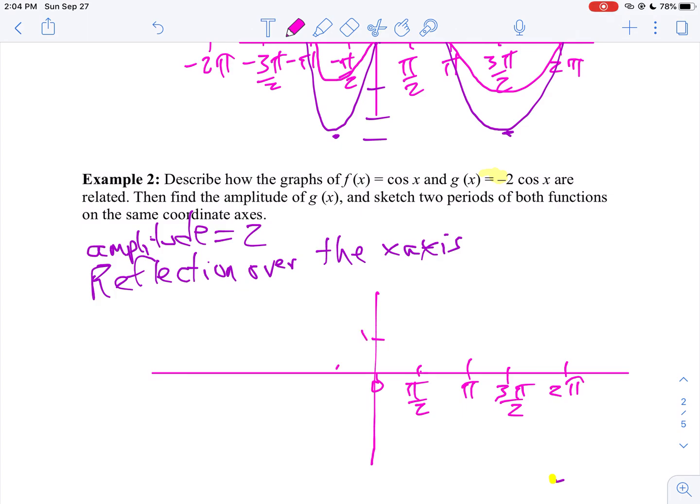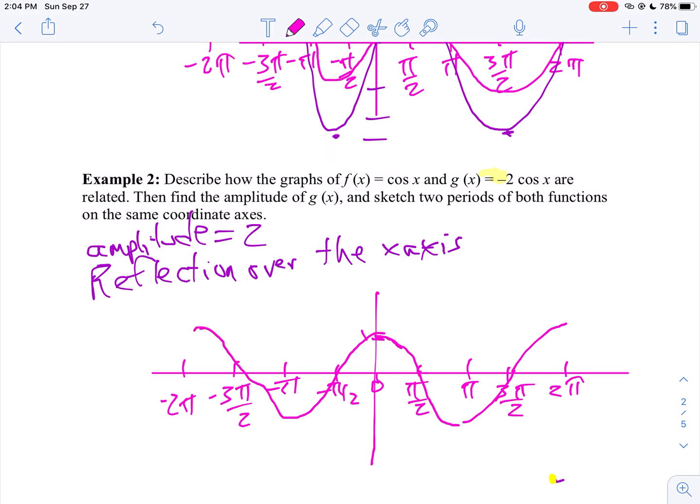And then negative pi over 2, negative pi, negative 3 pi over 2, and negative 2 pi. I know I'm going to start at 1 for cosine. So I'm going to go down through 0, down to negative 1, back up to 0, and up to positive 1. I'll do the same thing going backwards.